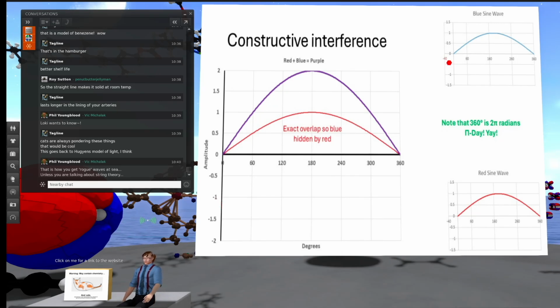So I've got two vibrations. One I put in red, one I put in blue, or vice versa. And then I just added them up. This is just a sine wave. They're both plotted, but the blue is underneath the red, so you can't see it. But when you add them up, you get purple. So basically, this would be one phase of the string.